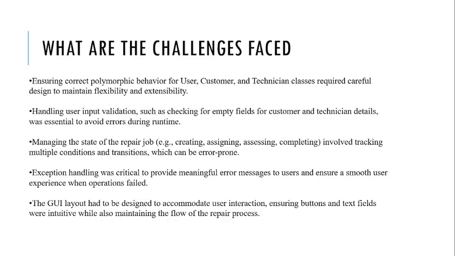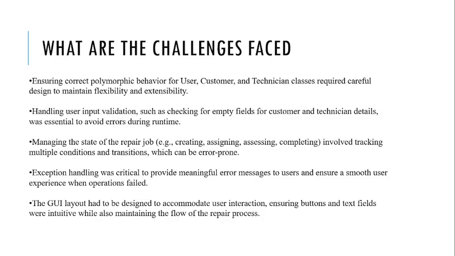Managing the state of the repair job, creating, assigning, accessing, completing, involves tracking multiple conditions and transitions which can be error prone. Exception handling was critical to provide meaningful error messages to the user and ensure a smooth user experience when an operation failed.